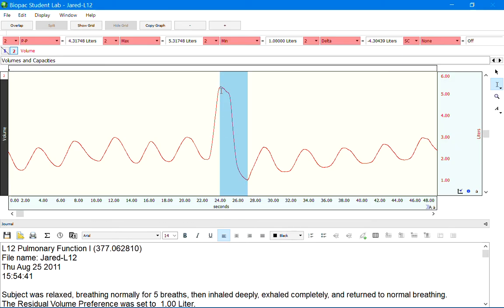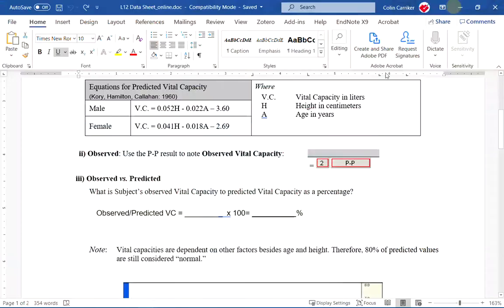Now it's from the maximal inhale to the maximal exhale that comprises our 2 P-P: 4.317 liters. So we would say 4.317 liters would go right here in this box.